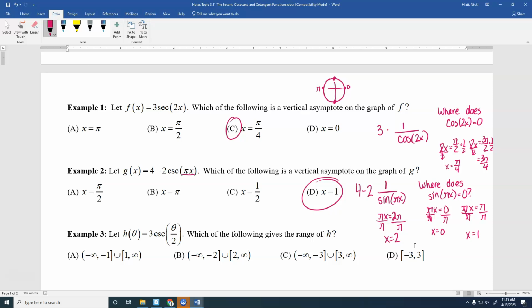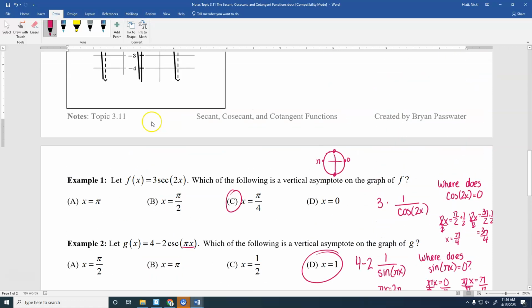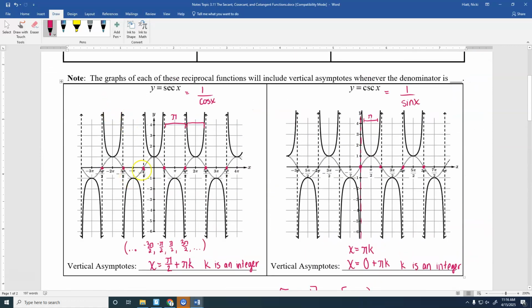Okay, looking at example 3, it's going to ask us about the range for this function. We're going to really think about how the graph works for this. Whenever we're looking at secant or cosecant, the sine function that corresponds with it or the cosine function that corresponds with it fits in between the graph, right?